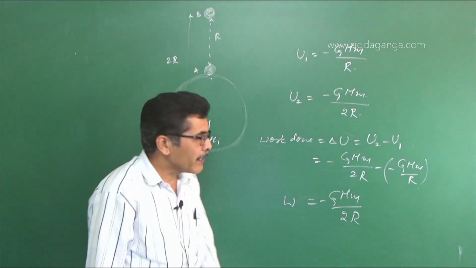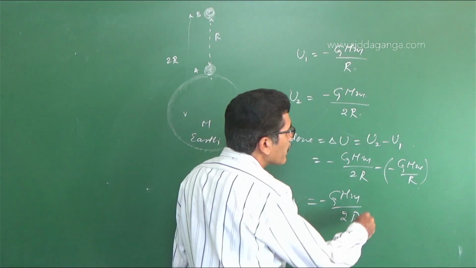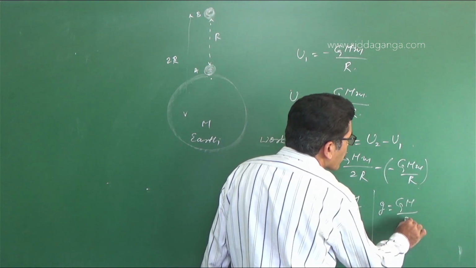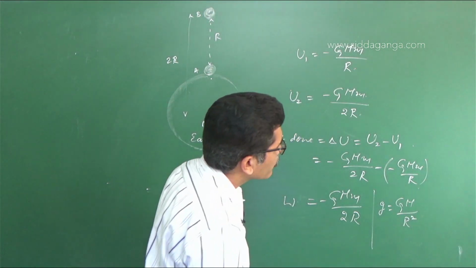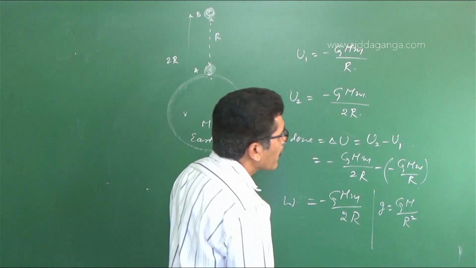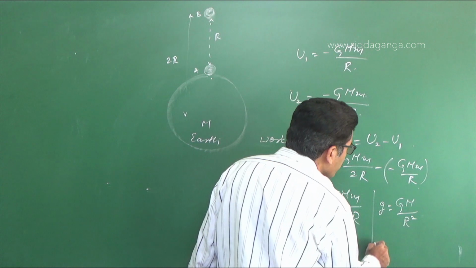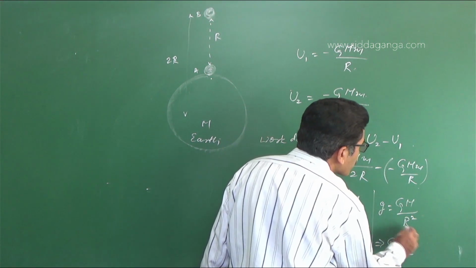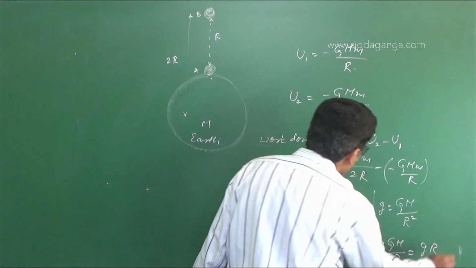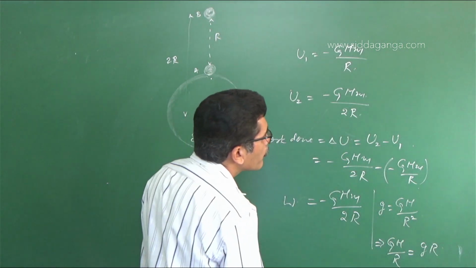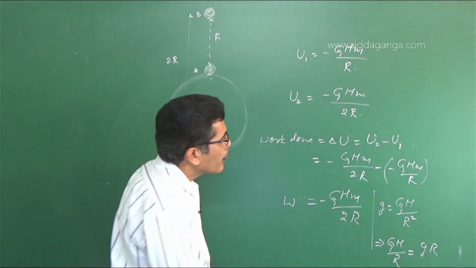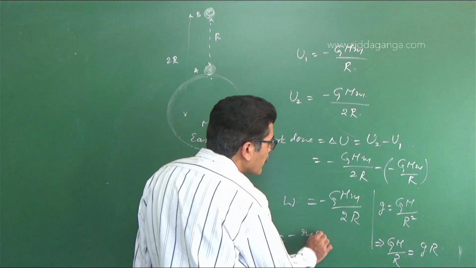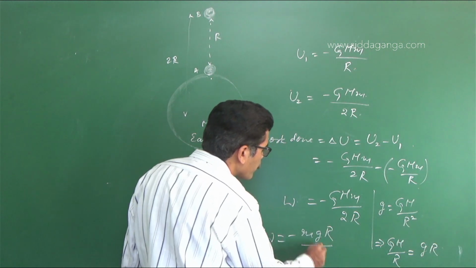But you know that acceleration due to gravity is given by g is equal to GM by R square. Therefore, we can write GM by R as gR. When you rearrange this, work done is equal to m into g into R divided by 2.